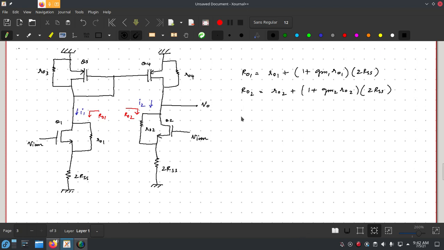If all the transistors are nicely matched, say r01 and r02 are the same as some typical value r0, and gm1 equals gm2 equals some typical value gm, then both R01 and R02 will be the same, equal to r0 plus 1 plus gm times r0 times 2 RSS.